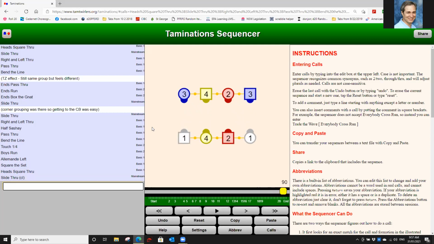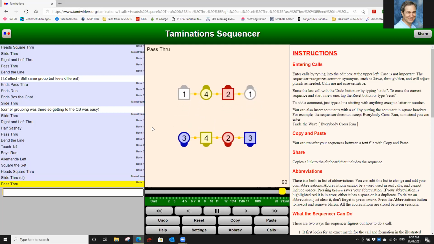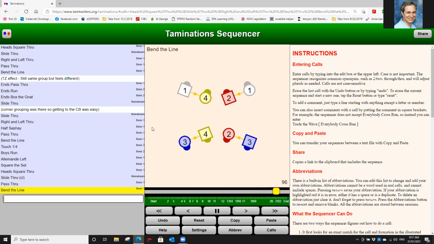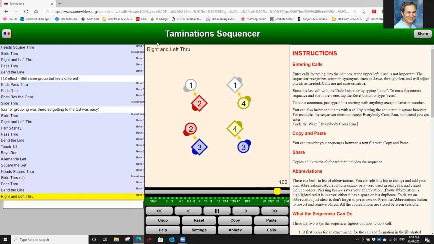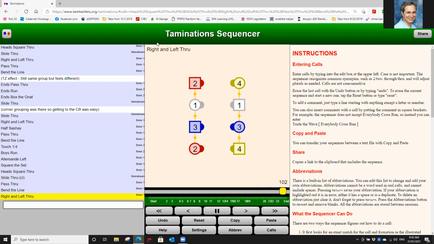So in order to create the same idea, we can pass through, bend the line. Now notice we have moved the common dancers to a new group of 4. They're on a new side of the square. They're looking at new people. Okay, and now if we do a right and left through, we've reconstructed our corner line.